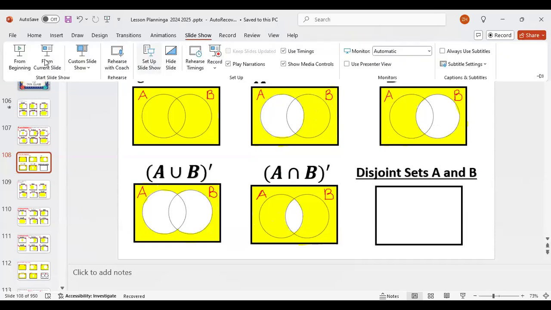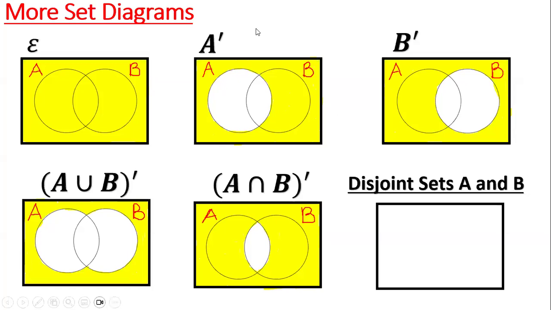Sets that aren't joined or have an intersection. Sets where the circles are separated. Who said that? Lindira and Sashanik, very good.